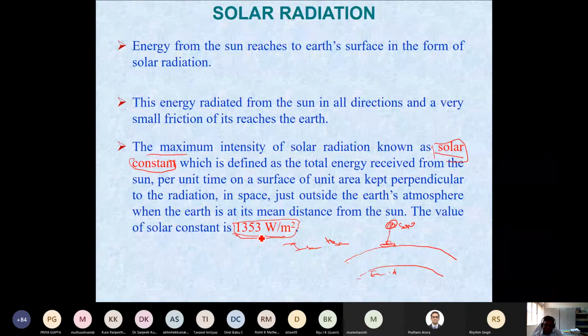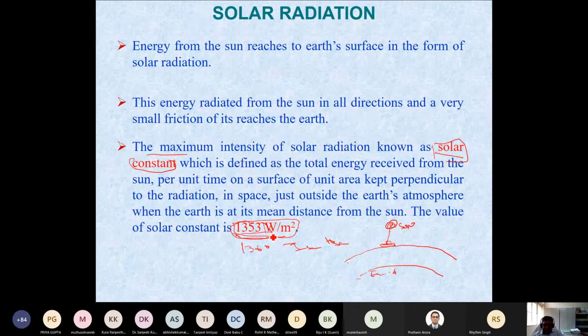I'm using 1353 watt per meter square, but there is some variation; it may be 1366, it will be around here, so in some references you may get slightly different values, but it cannot be 1500 or 1200. So this is known as the solar constant.